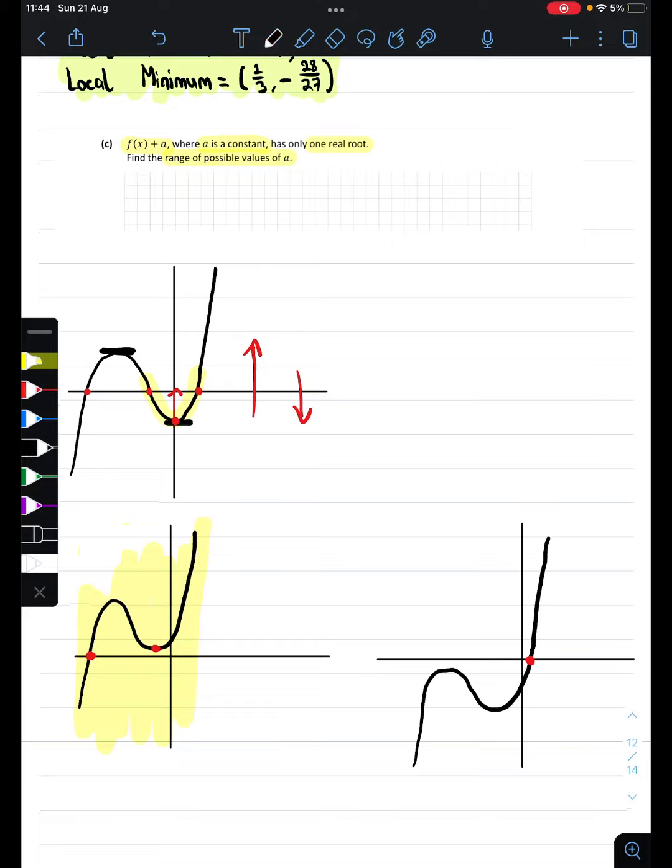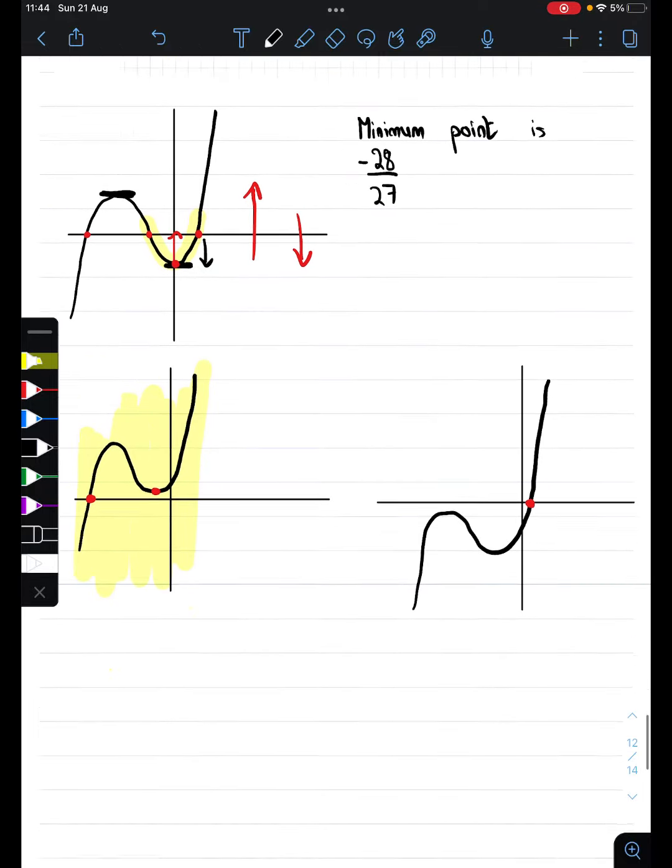And so we know that the minimum point is -28/27. That's as far down as it goes here.